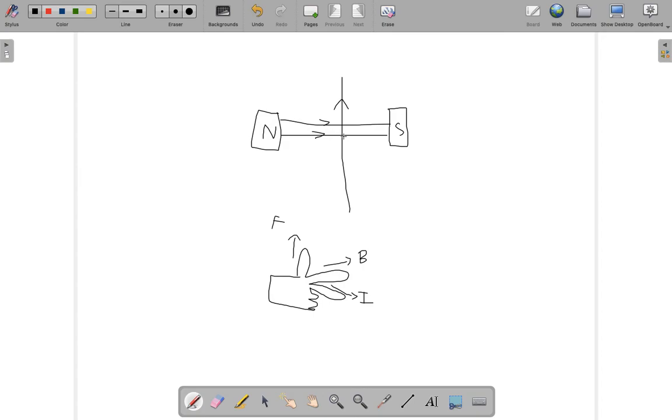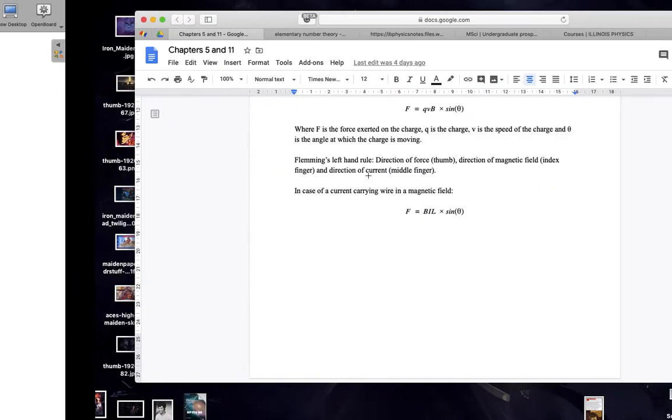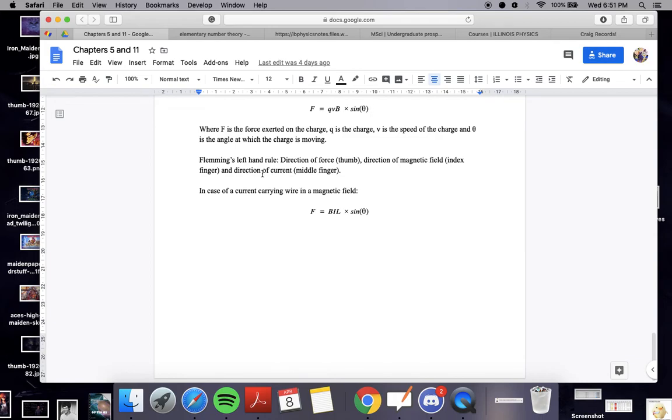The wire will go down or into the whiteboard. That is Fleming's left-hand rule. Note, when I talk about Fleming's left-hand rule, you refer to the direction of flow of electrons. If it's for conventional current, that is the other way around, then you have to use your right hand.